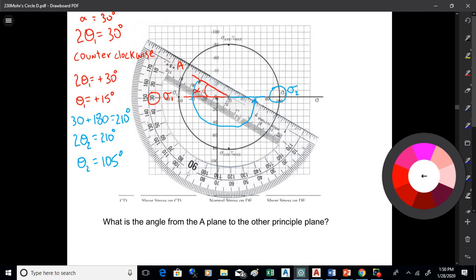Now the reason they have that shear axis positive down is so the directions match. If I go counterclockwise on the circle, I also go counterclockwise on the element. That's why they chose shear positive down, because then your directions will work.